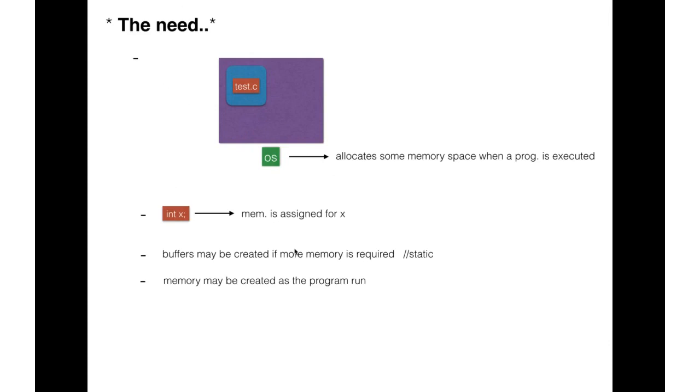Now, if you do not know how much space your program may need, you can request and create memory from the operating system as your code runs. And this is dynamic behavior.